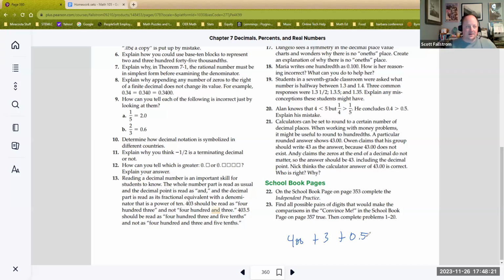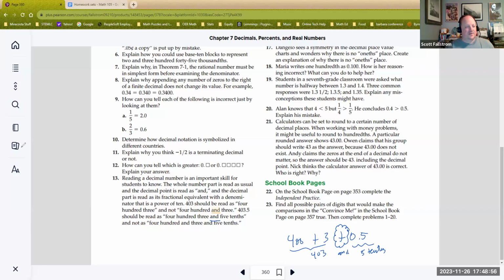Technically, yes, it could be read that way. But then we run into issues when we write words and also when we say them. So what we want is we want the and to be that demarcation. So we would put these together and say 403, and then we put in our 5/10. All right, that's 13.